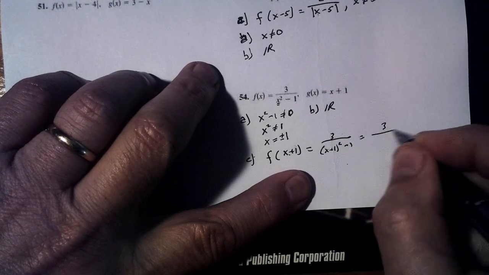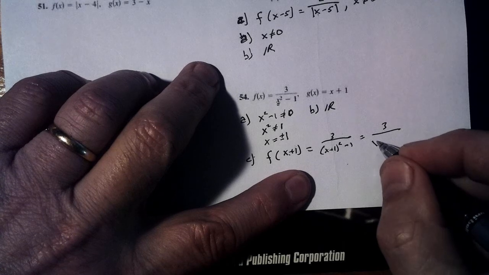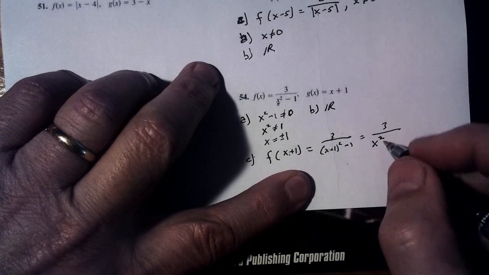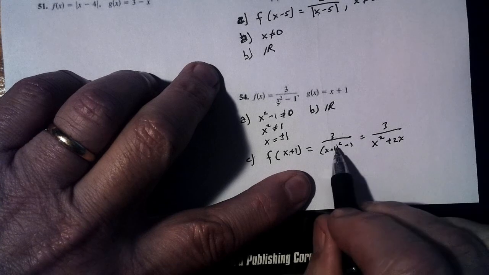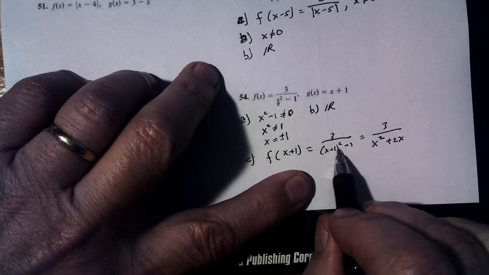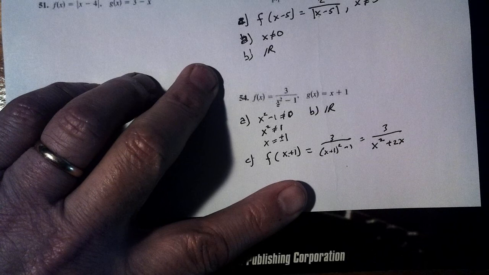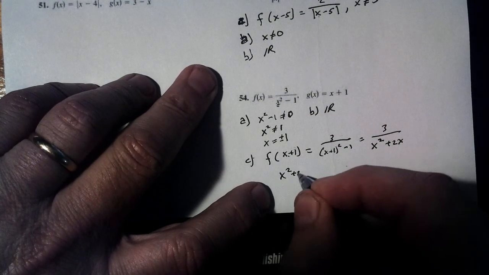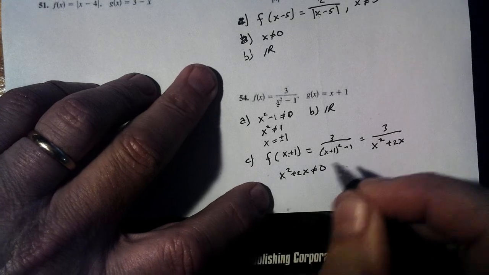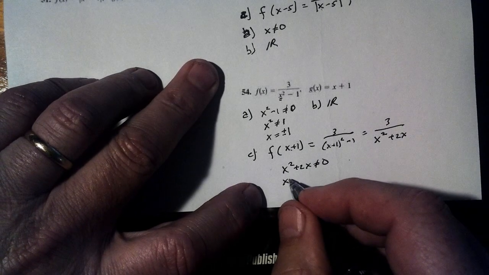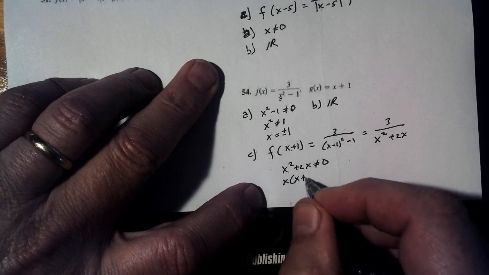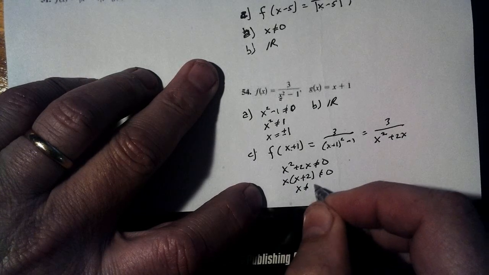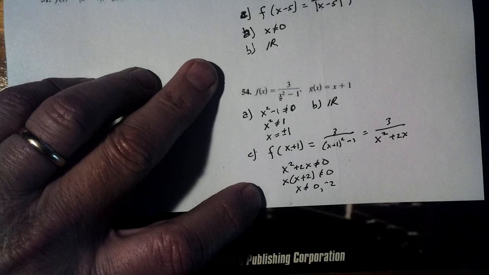So I get x squared when I FOIL, plus an x plus 2x. I get a 1 times 1, 1, but minus 1, I get this. So my domain for this, x squared plus 2x, may not equal 0 if I factor. X times x plus 2 may not equal 0. X may not equal 0 or negative 2.